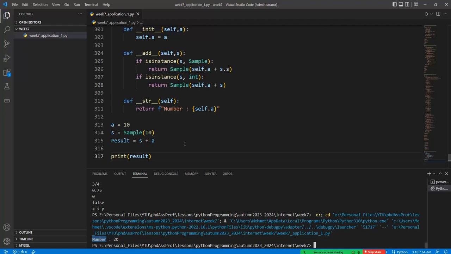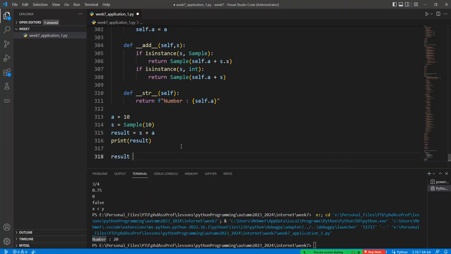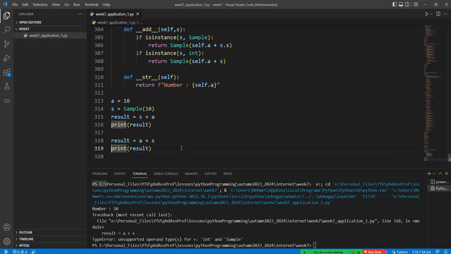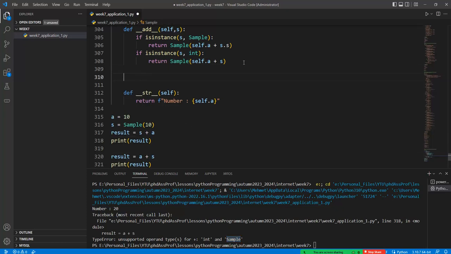But if I change this condition like this one, the result of a plus s, in this case we have the right-hand side as the Sample, and so an unsupported operand type error is shown for the integer and the Sample, which means that we shall give another function here, the def __radd__ function, okay?